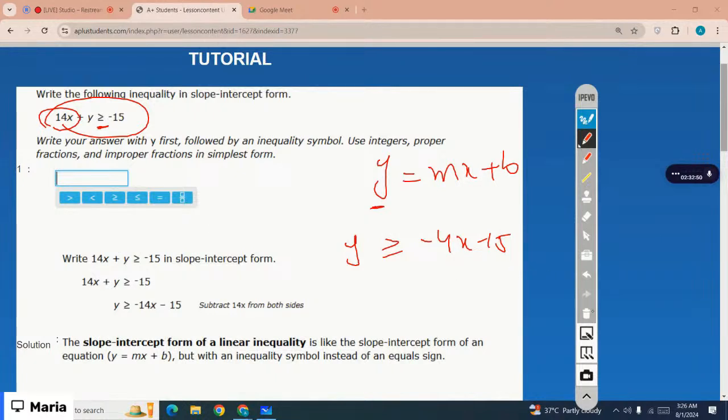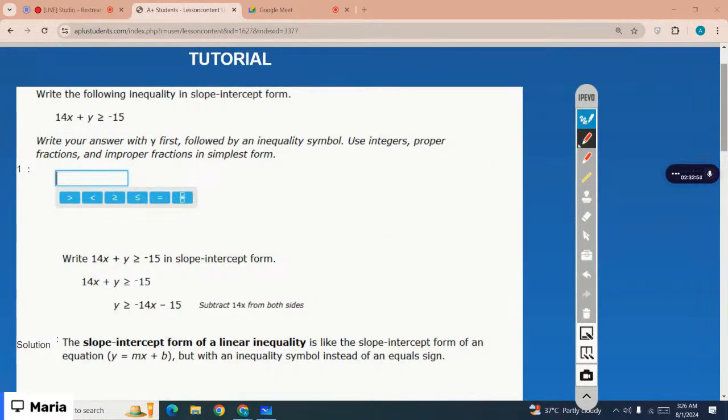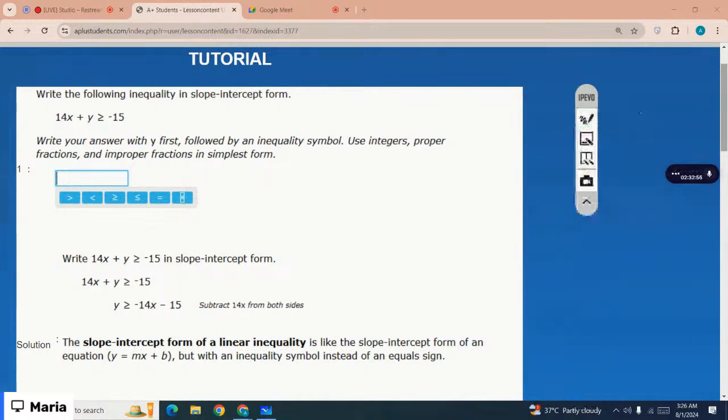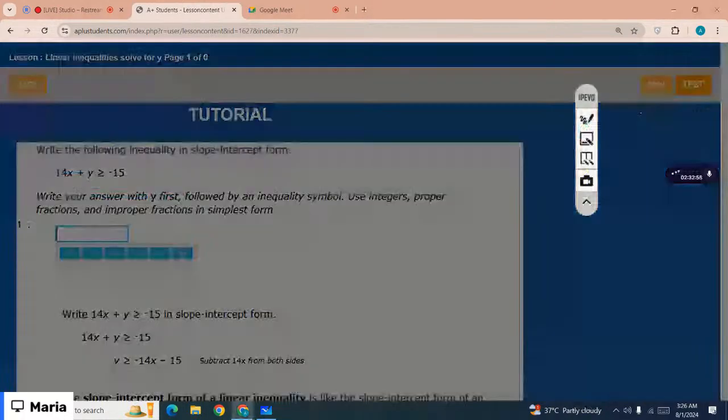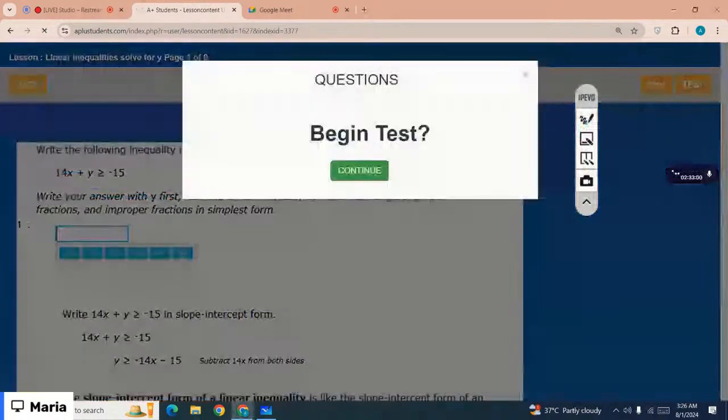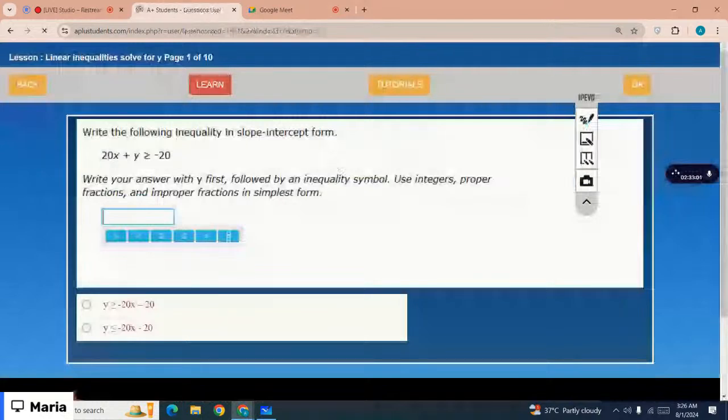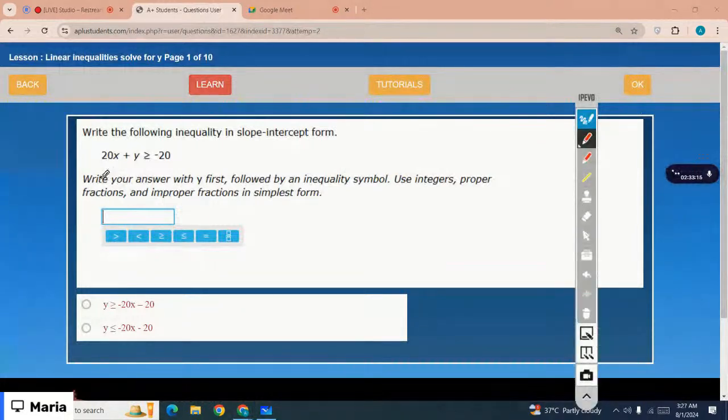Okay, let's just start with the test questions. Write the following inequality in slope intercept form. So 20x plus y is greater than or equal to negative 20.